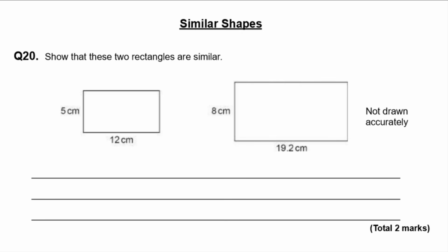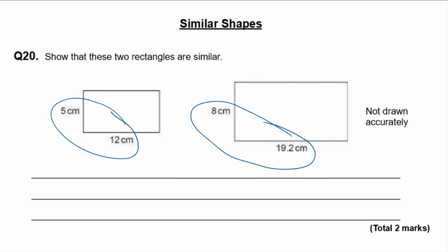So if they're going to be similar, then sides are going to be in the same ratio. If you take these sides and divide them, you should get the same value as if you divide these sides as well. So what's 5 over 12? 5 over 12 is just 5/12, isn't it? And what is 8 over 19.2?